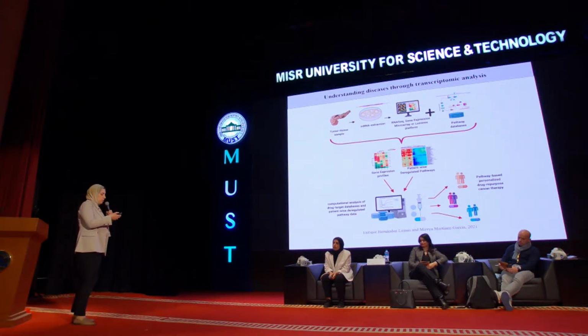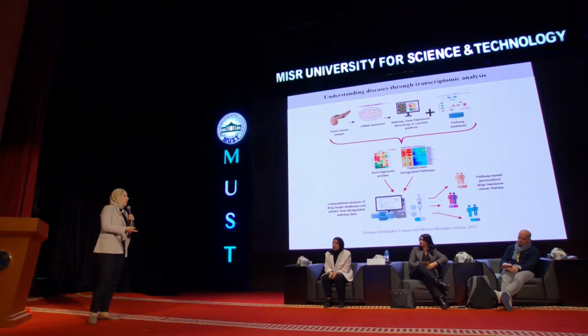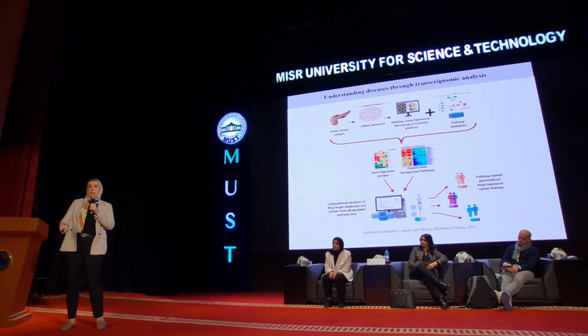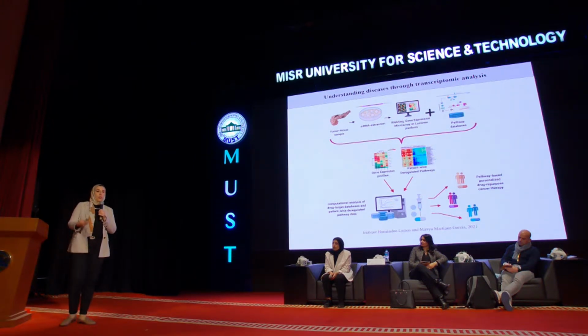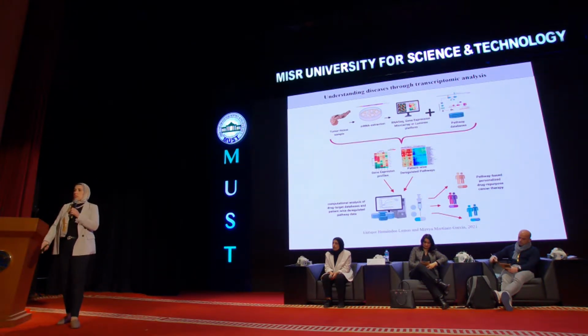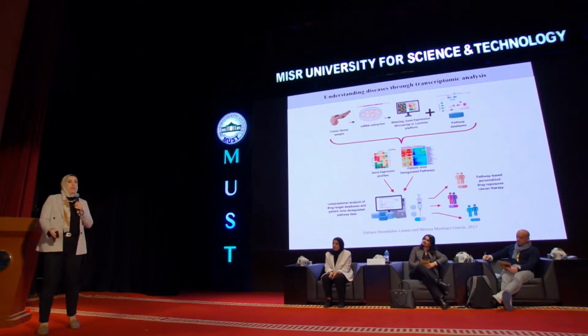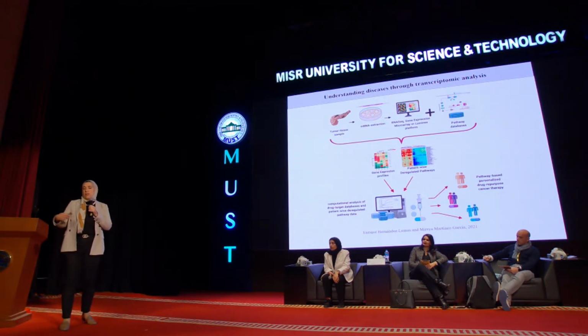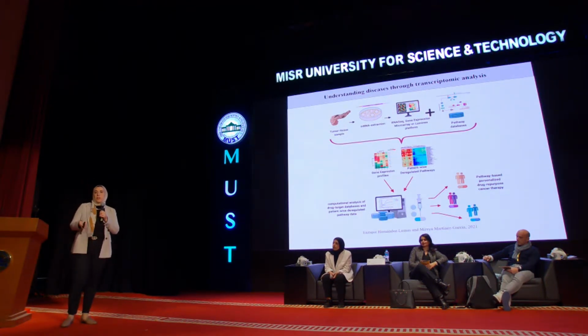This is very important because when we want to personalize the therapy, it's important to understand which genes exactly are dysregulated in a specific patient in order to give this patient the right drug for him or her, and not just prescribe something that can be unspecific and also cause side effects more than being beneficial to the patient.